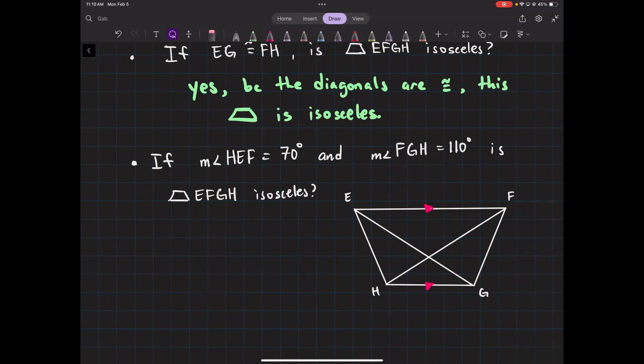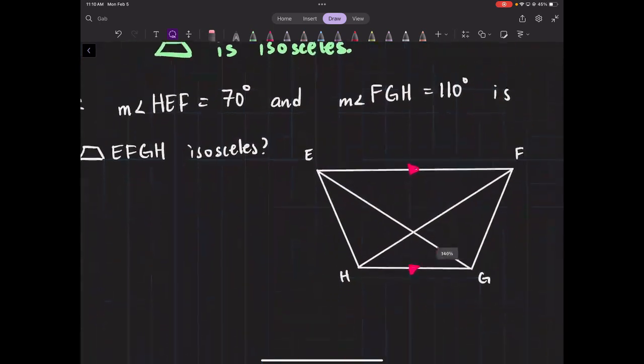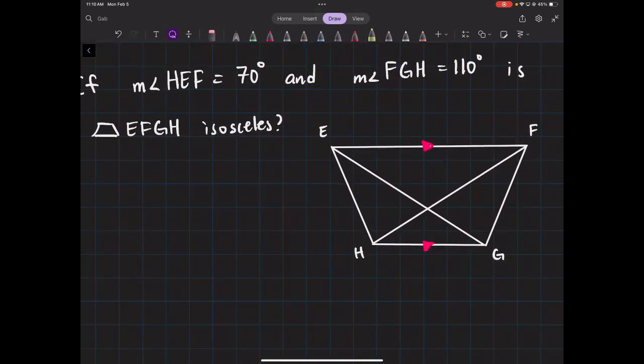Do you know where those angles are? Can I just add them in? If you look at HEF, it's 180. This angle right here, this one's 70 degrees. And then where's the other one?